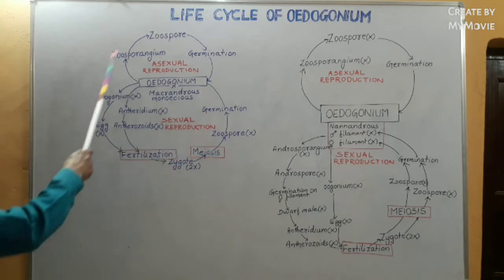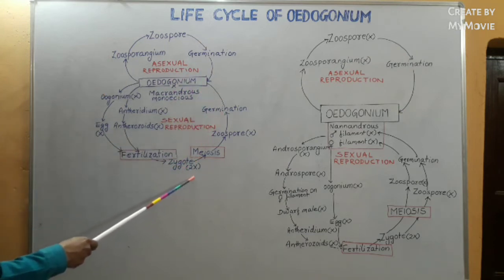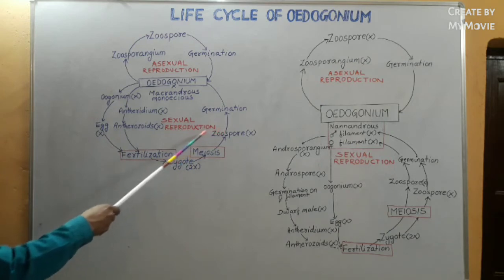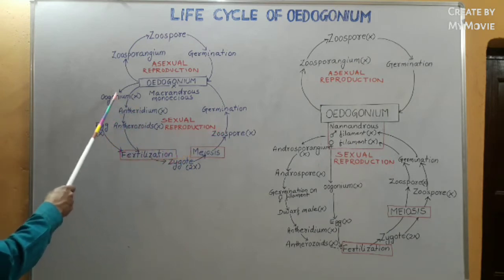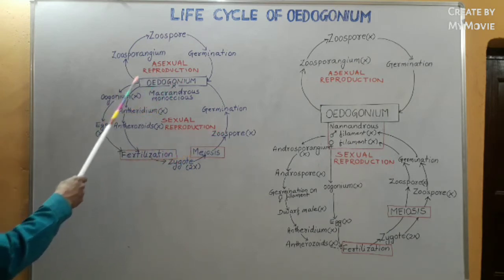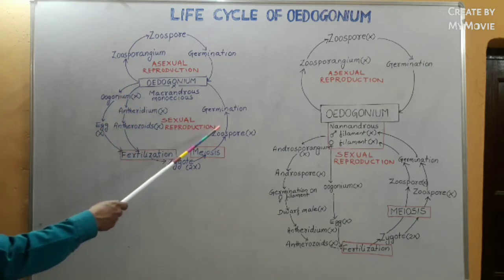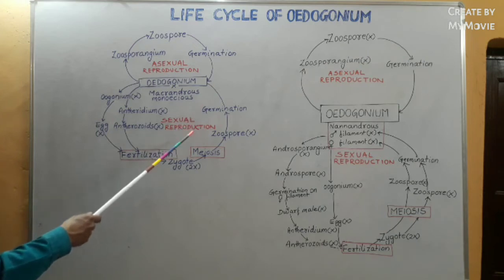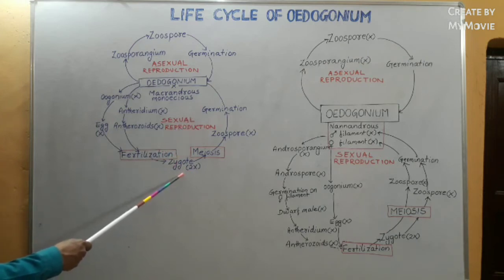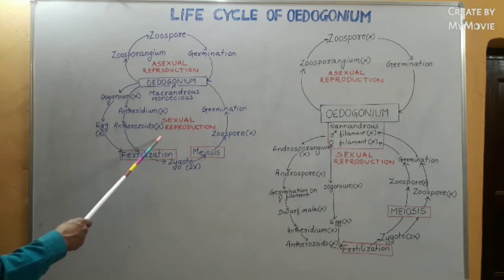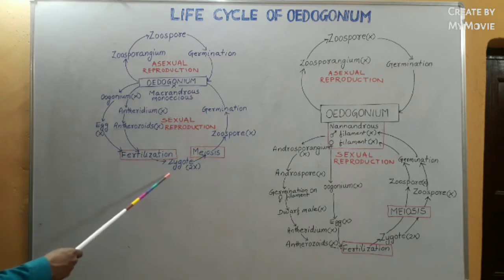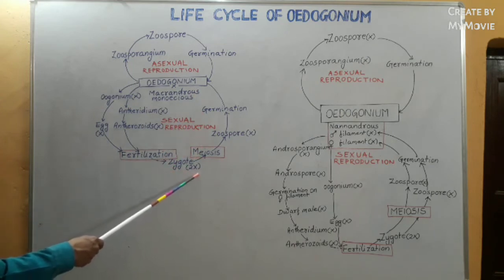So in this life cycle, except zygote, all are haploid structures. The thallus is haploid; oogonium, antheridium, antherozoids, egg, zoospore, all are haploid except zygote. So in this life cycle, haploid phase is the major phase. This type of life cycle is known as haplontic life cycle.